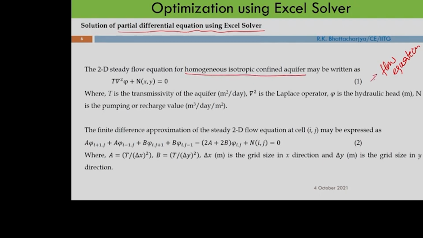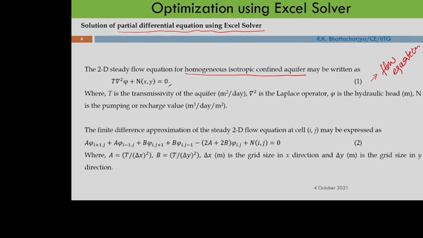If you have gone through groundwater hydrology, I think you have seen this particular equation. So this is the flow equation for the case of a homogeneous and isotropic confined aquifer.